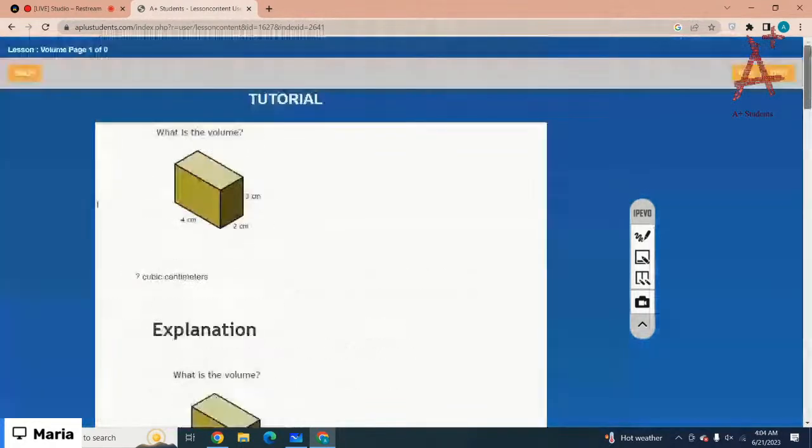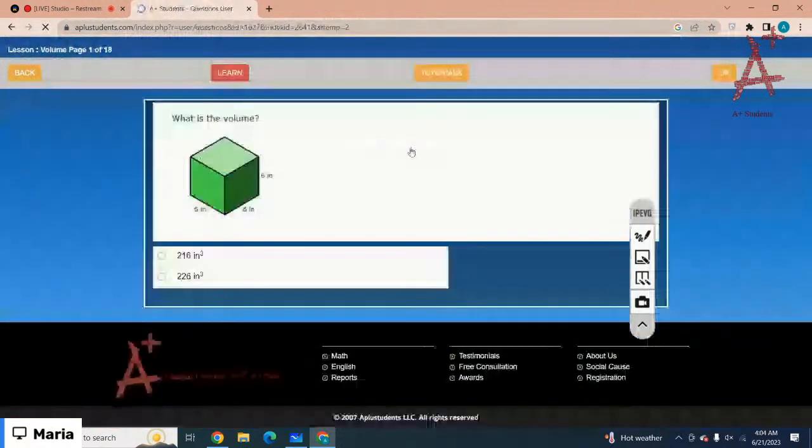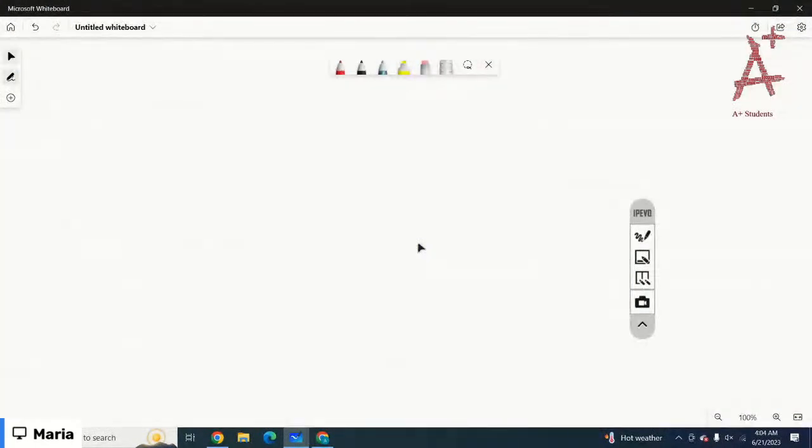Okay, let's just start with the practice questions. Okay, you are given a cube. You have to find the volume of the cube. So how do we find the volume of the cube? Volume of the cube equals side times side times side.